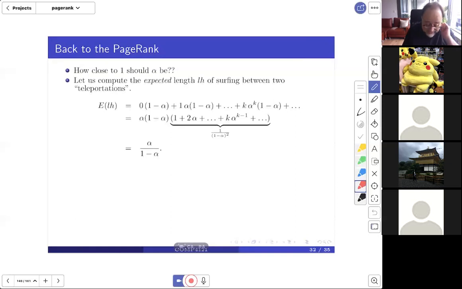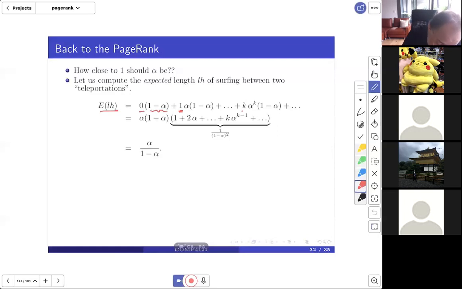Let's see what will be the expected value of a surfing session. Well, the number of links followed between 2 random teleportations is 0 with probability 1 minus alpha, because probability 1 minus alpha is probability to jump randomly, right? It has one link followed with probability alpha times 1 minus alpha, because alpha is probability to follow a link, and then random jump, which is 1 minus alpha.